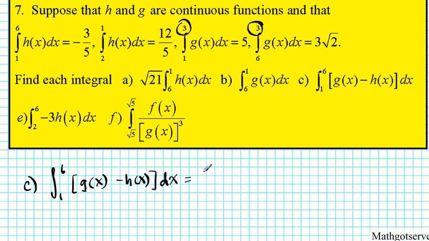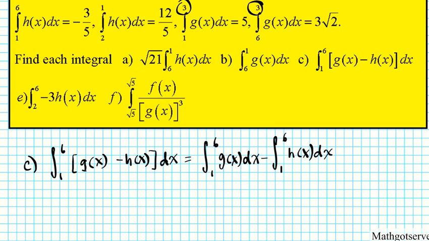So this can be written as the antiderivative from 1 to 6 of g of x dx minus the antiderivative from 1 to 6 of h of x dx. Now I know that the antiderivative of h of x is negative 3 root 5, but how about 1 to 6 of g of x? Well, we just did it, right?